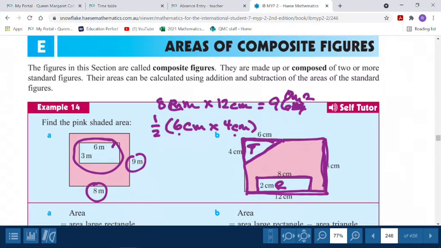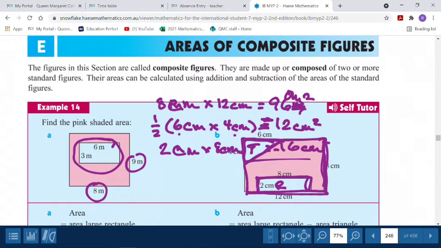So 6 times 4 is 24, and half of that is 12 centimeters. Now again, remember, we got to take that out, right? So let's put a minus there to remind us that we're taking that out. And this shape in the bottom is a rectangle. So that's 2 centimeters times 8 centimeters, which is 16 centimeters squared. And we're taking that out.